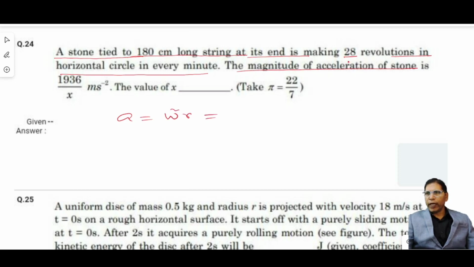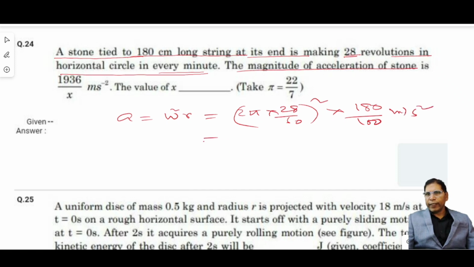What is omega? 28 revolutions in a horizontal circle every minute. Therefore, omega is equal to 2 pi into 28 by 60, whole square, into radius 180 centimeter, which should be converted into meter. So this is the acceleration.